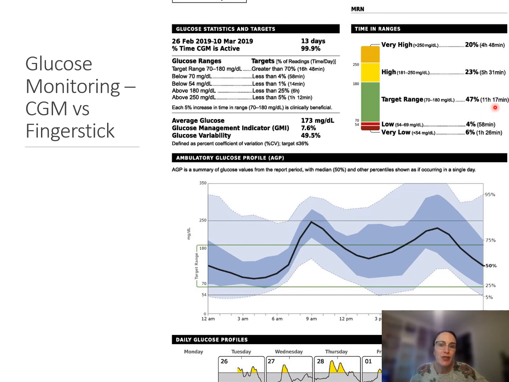So in this patient, you can see the target is 47%. This patient has 10% hypoglycemia. This is not a well-controlled patient at all. This would be something where I'd want to look at this trend and try to figure out, you can see the lows are happening overnight. So we want to look at what's contributing to that and then try to fix these highs that are occurring after meals.